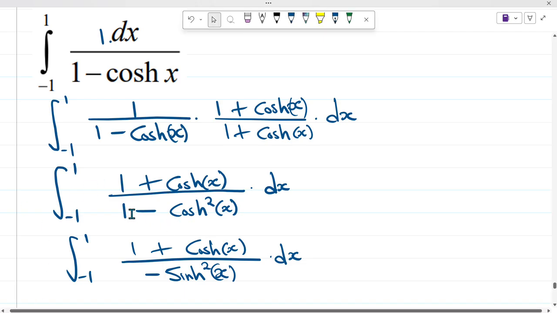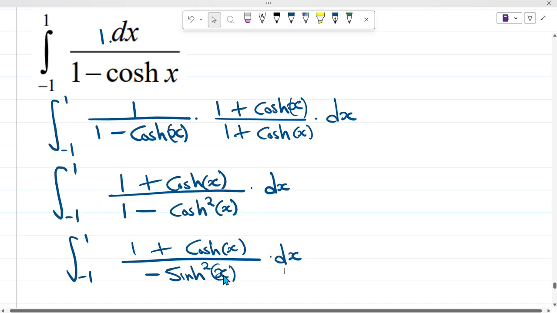So what did I do? I changed 1 minus hyperbolic cos squared of x to its equivalence when it comes to square identities. You know the square identities, guys, those are basics. So it became this.